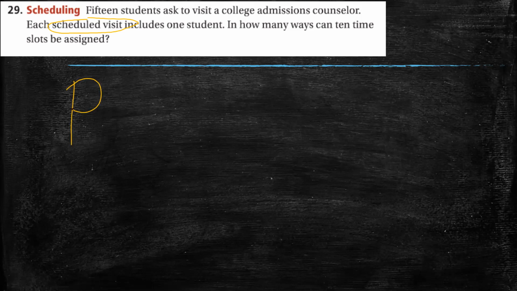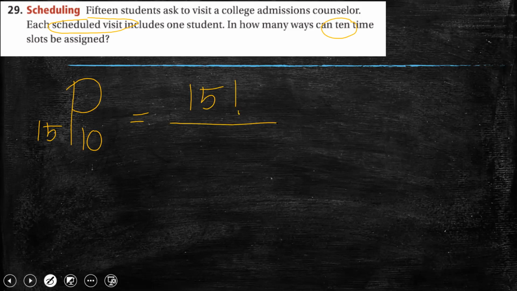How many students do we have in all? 15. How many want to go? 10. What do we have to write up here? 15 factorial over 15 minus 10, factorial.